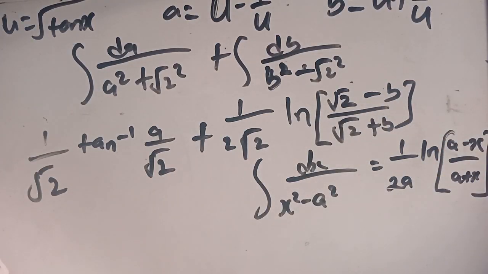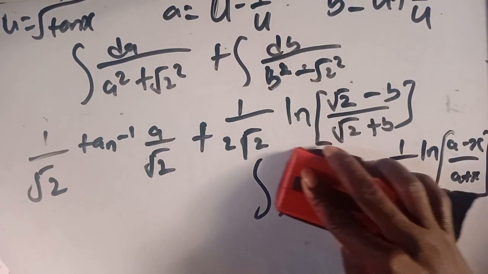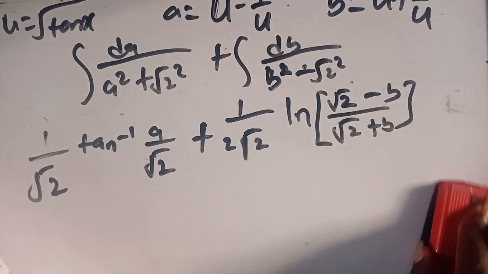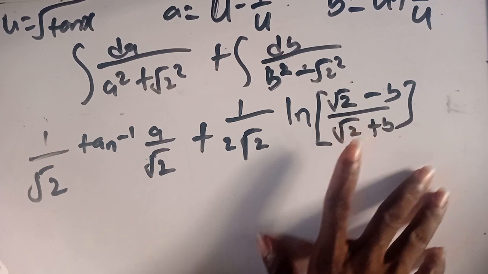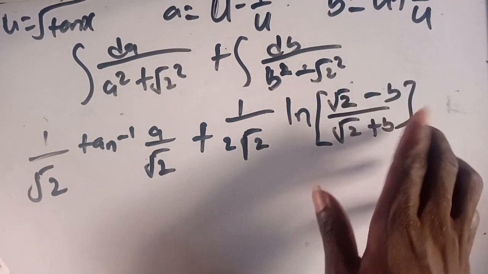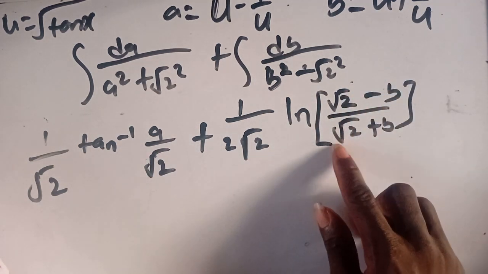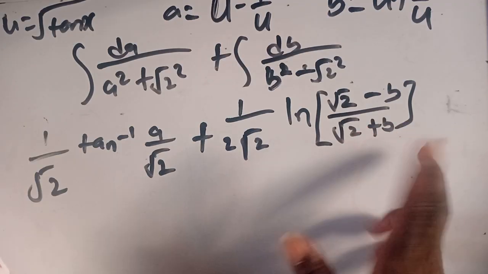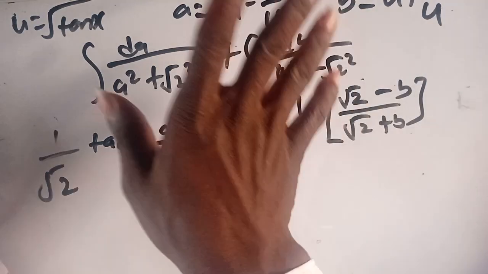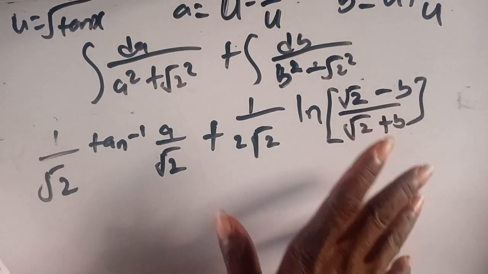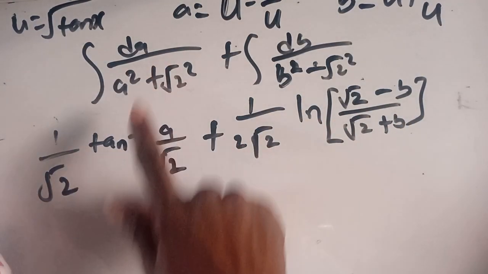Should it be root 2 minus b or b minus root 2? Either of the two, whether this plus this or this plus this, there's no problem. Those standard integrals are what we should know.